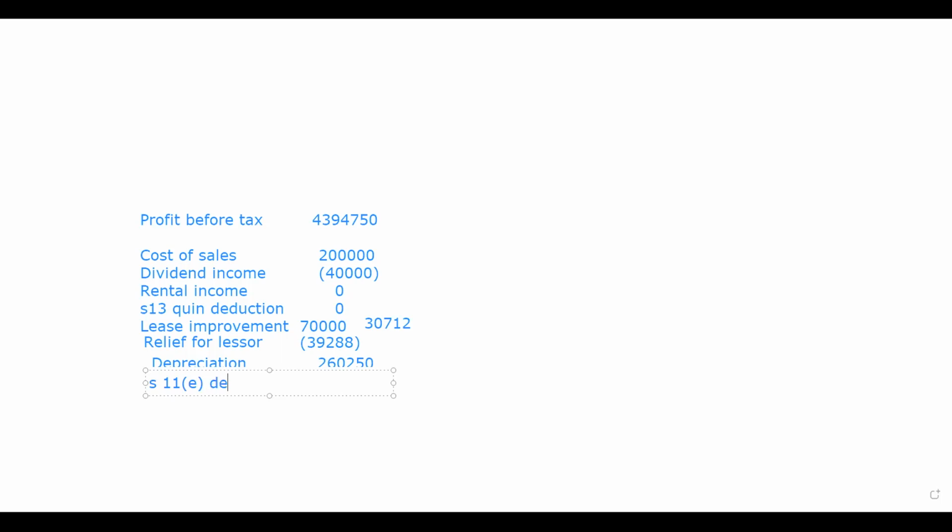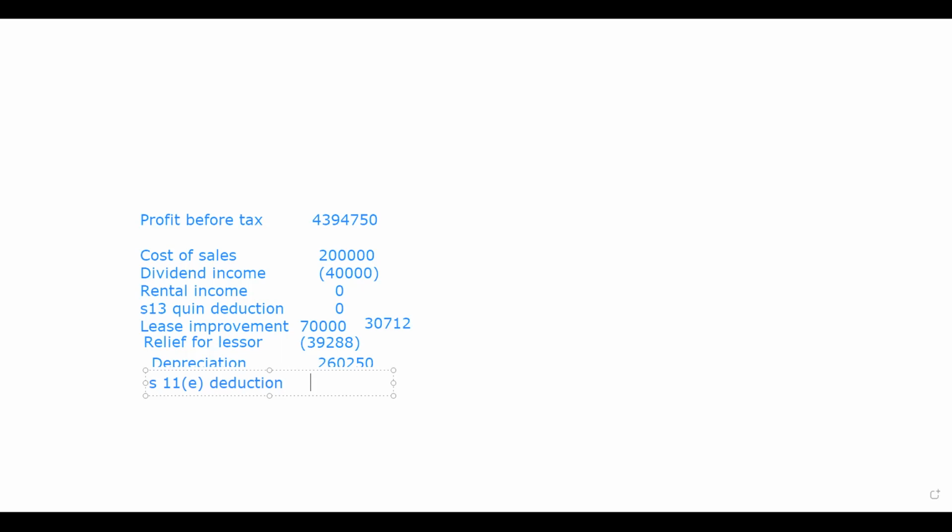I just call it a section 11E deduction. Then you're going to say this 210,000 times two, because it's two delivery vehicles, and then divide it by 4 to get the allowance for the year. But don't forget that this is wear and tear, so you have to apportion it for the number of months in the year. So you're going to say 210.